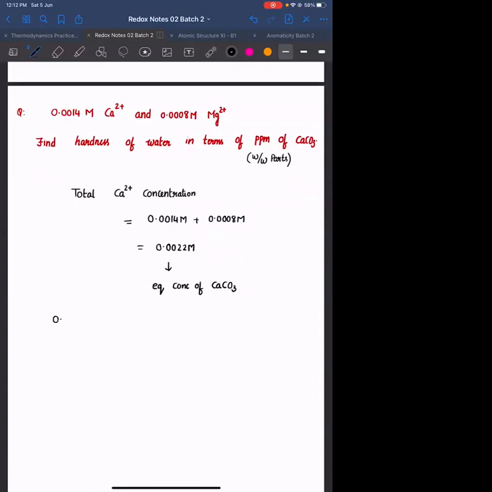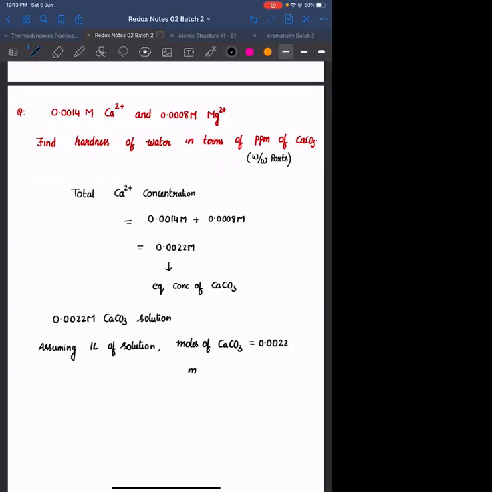Now we are having 0.0022 molar CaCO3 solution. Agreed? If I take 1 liter of the solution, assuming 1 liter of solution, tell me the moles of CaCO3. 0.0022 moles.